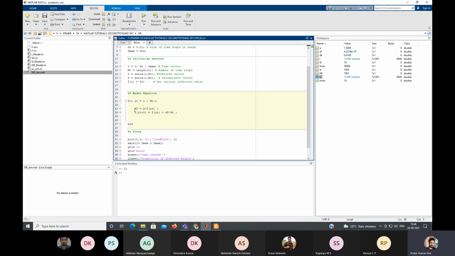So for it equal to 1 to nt minus 1, first there is S of it. What should be our S of it? It should be 1 minus I of it.